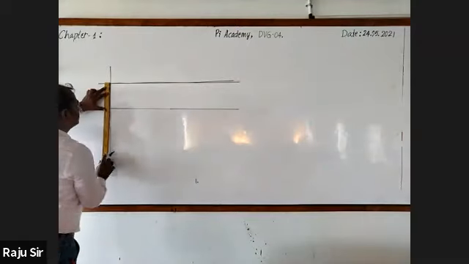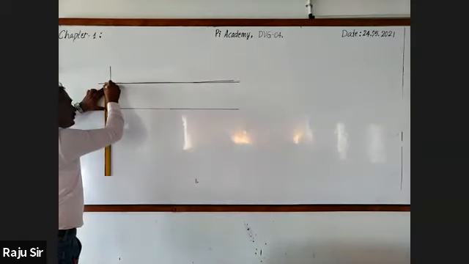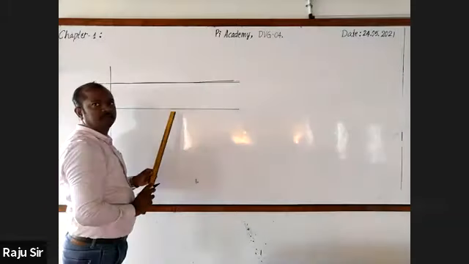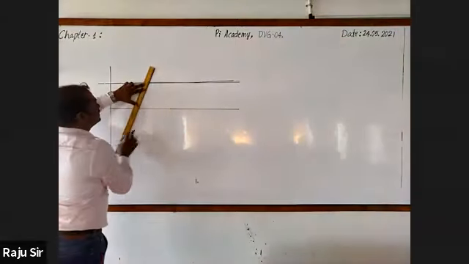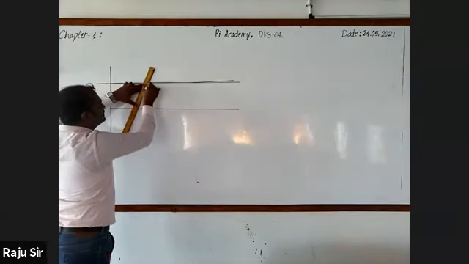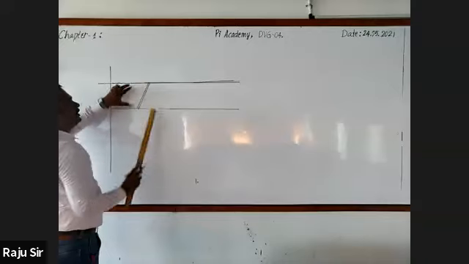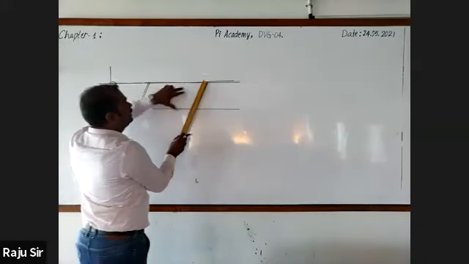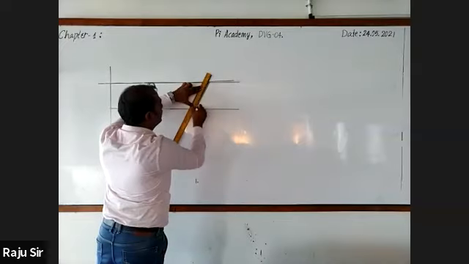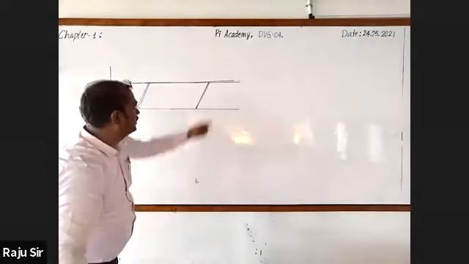Next, from here again draw a line, and after this make it into three parts. This is the first part; it should be a little small, the middle part a little big, and then the third part.